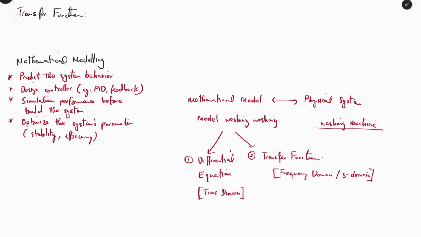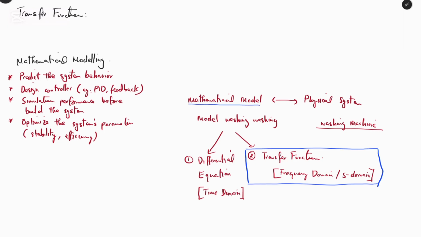And in our discussion today, we are going to look at the transfer function and why it is different from a differential equation. In control systems, differential equations and transfer functions play an important role in the mathematical modeling of a system.